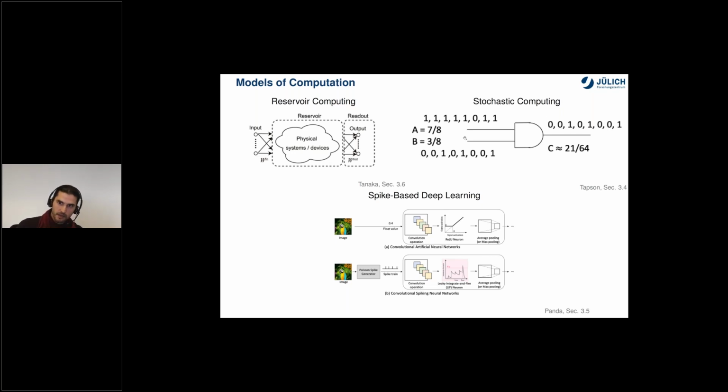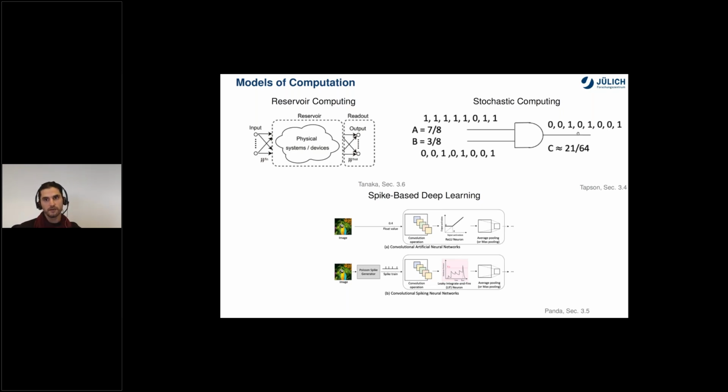On the other hand, we have John Tapson, who is describing the ideas of stochastic computing. Having a system that is inherently stochastic allows us to do computations that we otherwise can't do, and in very efficient ways. In this very simple example, for instance, you can encode a multiplication by simply using this AND gate and sending in these stochastic events, so on and off events, which are not unlike spikes, of course.